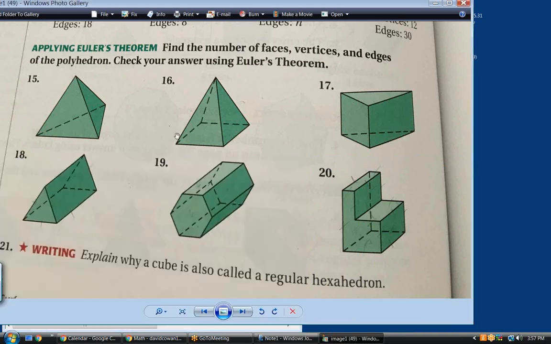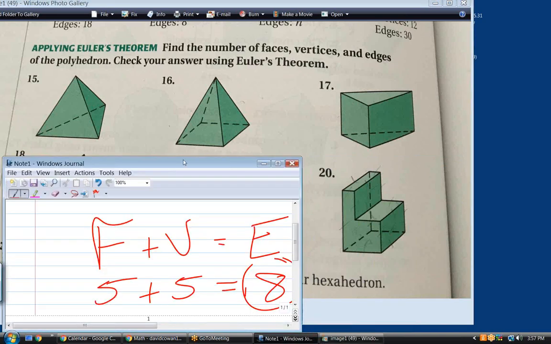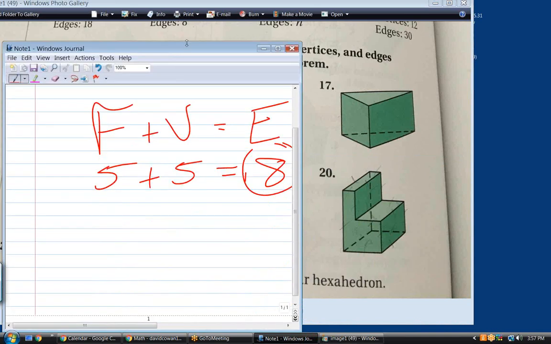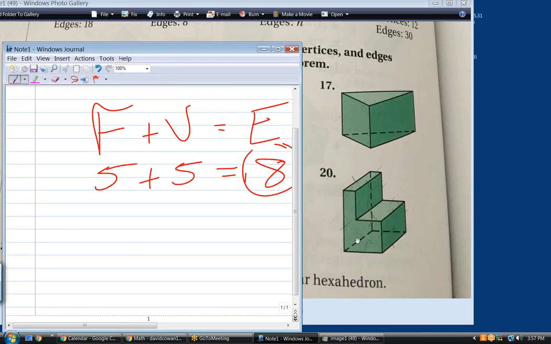How many faces do we have here? 8. Let's see. The front and the back is 2. Looking from the top, we see 3: this one, and the bottom one.